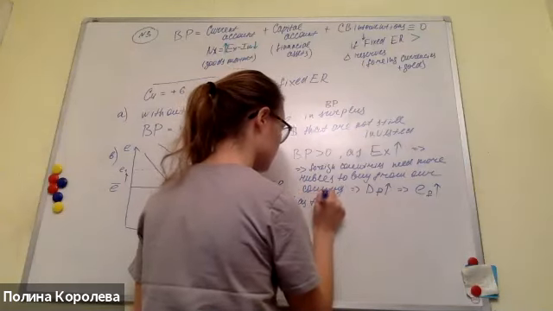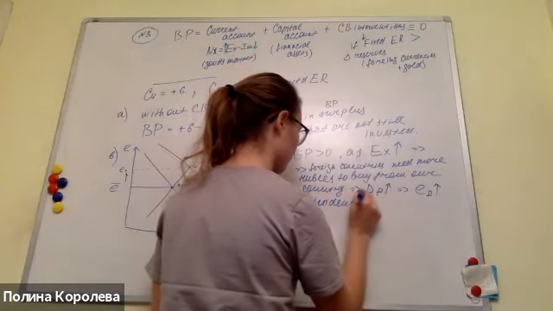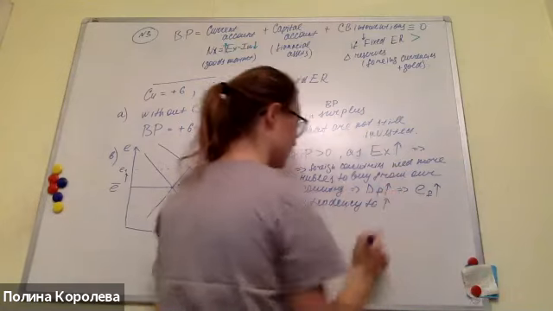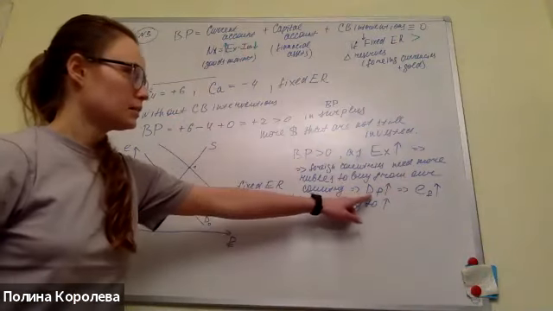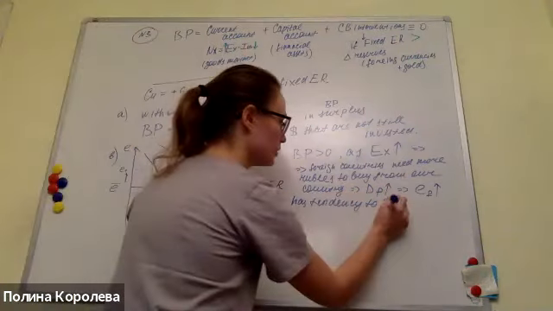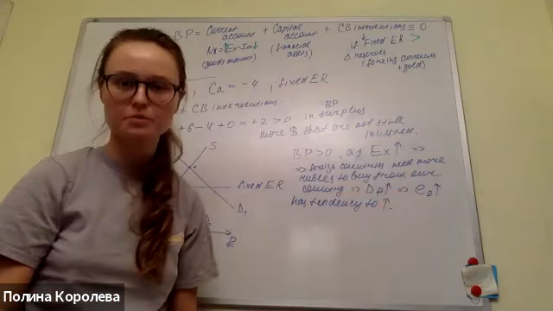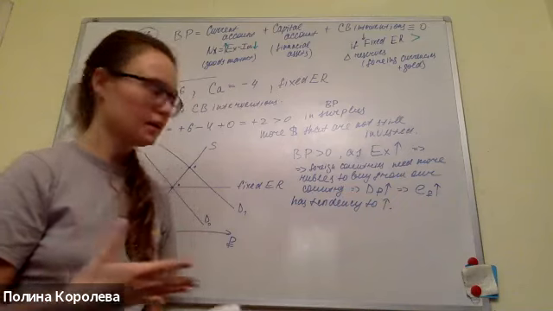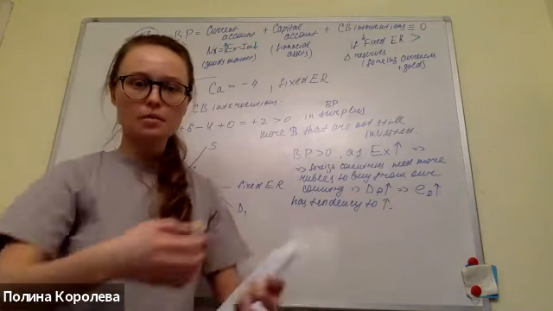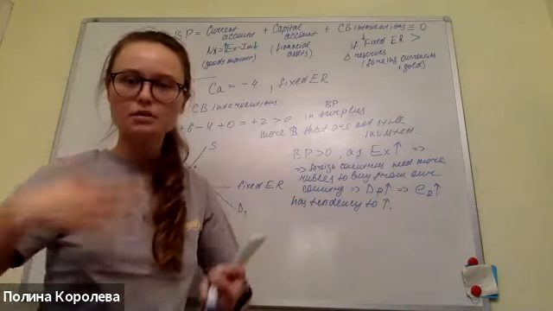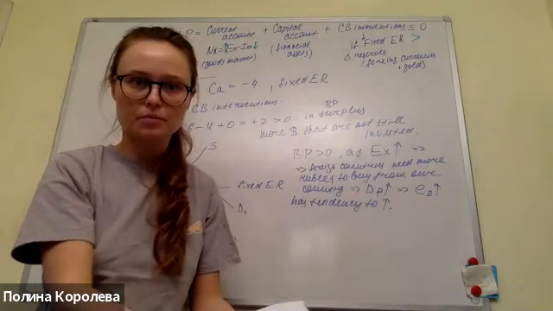Has a tendency to increase. And if we have higher demand for rubles, that means that buyers from our country need rubles and they are ready to pay dollars for rubles.